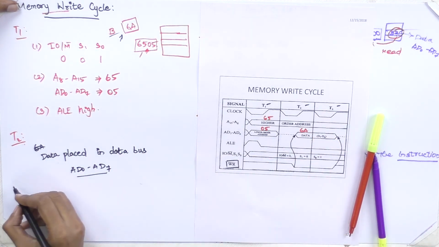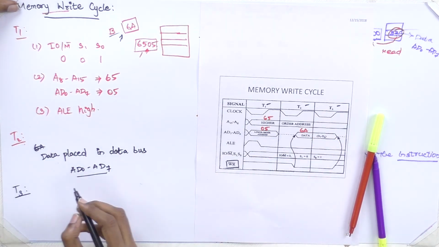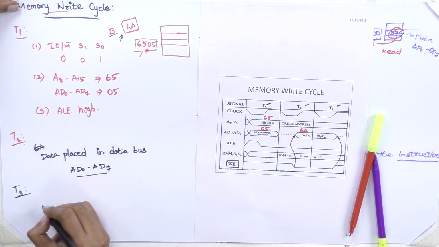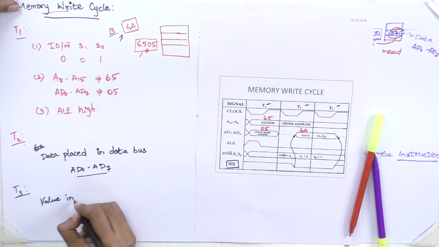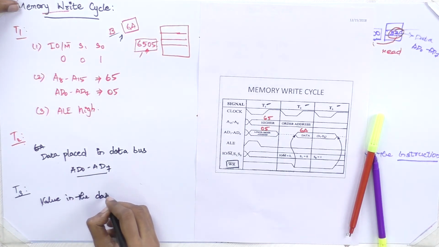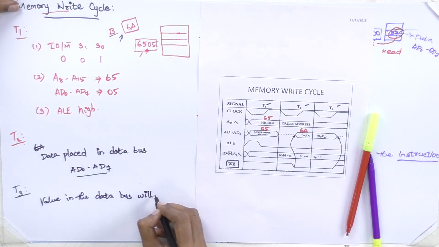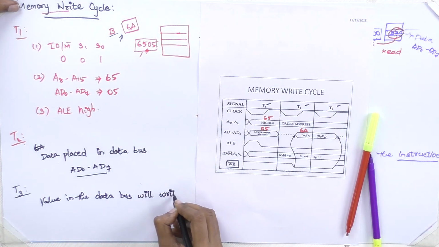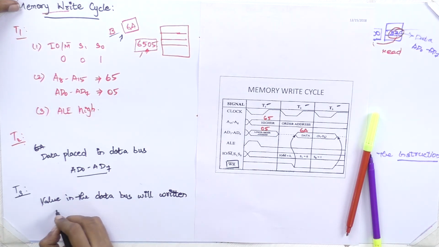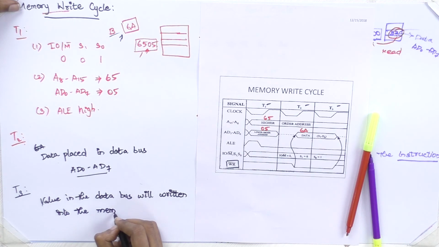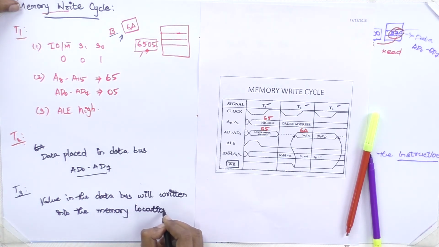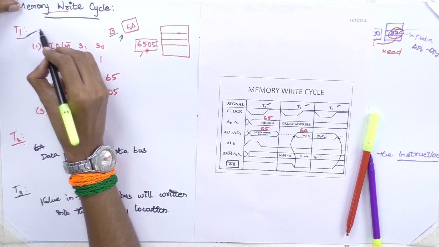Okay. So at T state 3, what will happen is the value in the data bus will be written in the memory location that was fetched in T state 1.